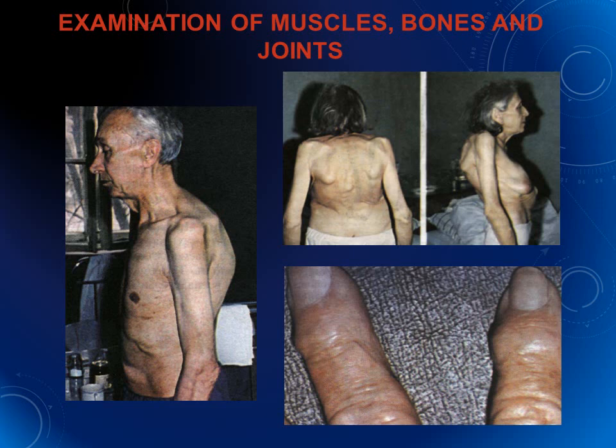Detailed descriptions of the shoulders, knees, and spine can be required as these are the most commonly affected areas. Deformities of the vertebral column, such as scoliosis, kyphosis, kyphoscoliosis, and deformities of small and large joints can provide important information for diagnostics. In this picture, you see patients with kyphosis, kyphoscoliosis, and also deformities of the finger joints.